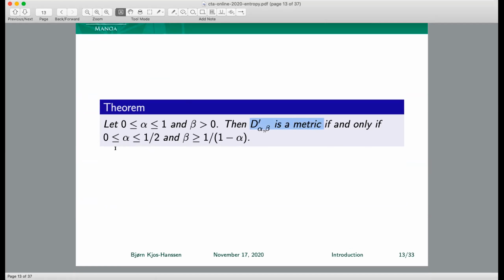Alpha has to be between 0 and 0.5. That means we cannot put more weight on the minimum of the two cardinalities. We should put at least as much on the maximum. And this other parameter beta is not as interesting. It is upward closed, but it should be at least 1 over 1 minus alpha.